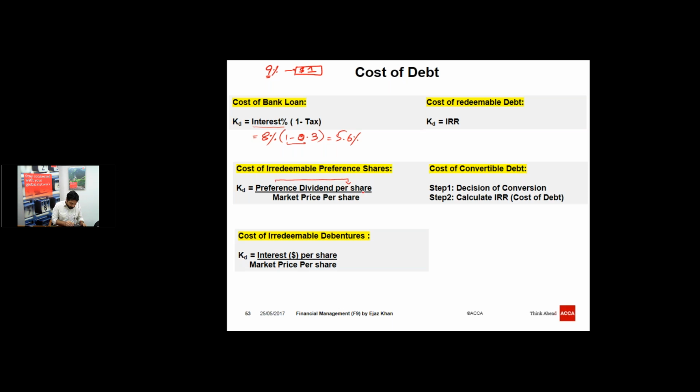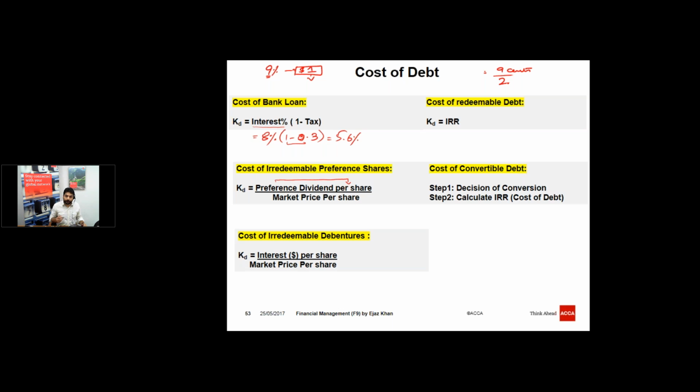Once we have calculated the dividend per share, we divide it by the market price per share. For example, the preference dividend is 9% of $1, which means 9 cents. But this share is being traded at $2 per share.